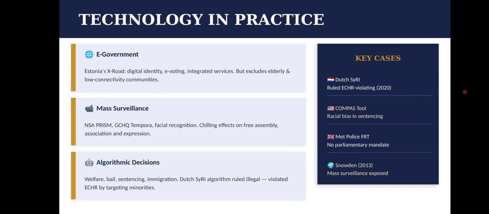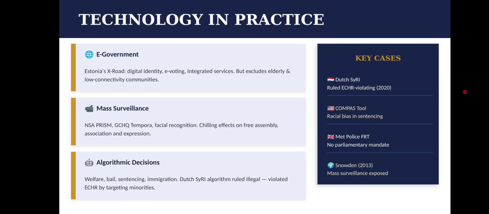Technology in governance. This explains how technology is used in governance today. First, e-governance, which includes online services, digital identity systems, and automated public service delivery. This helps in improving access and reducing delays. Second, surveillance infrastructure such as CCTV cameras and facial recognition systems, mainly used for public security.